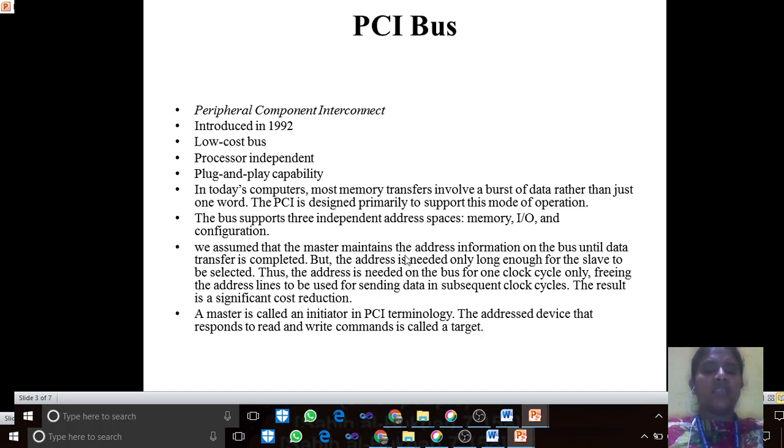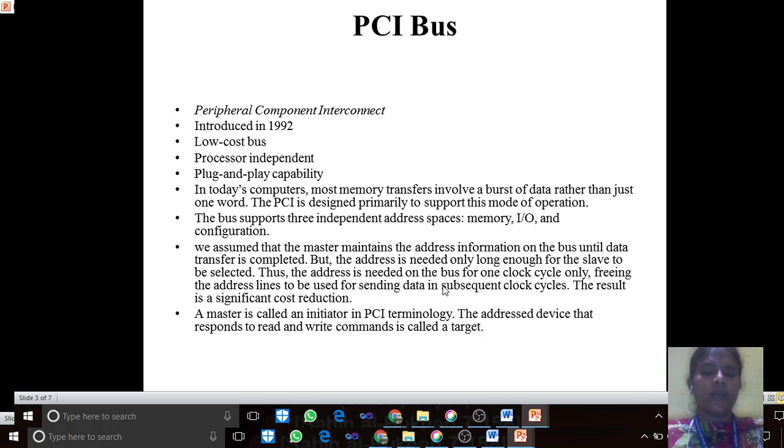Thus, the address is needed on the bus for one clock cycle only. We have seen this in the asynchronous or synchronous bus, freeing the address lines to be used for sending data in subsequent clock cycles. The result is a significant cost reduction, because you are saving CPU cycles.